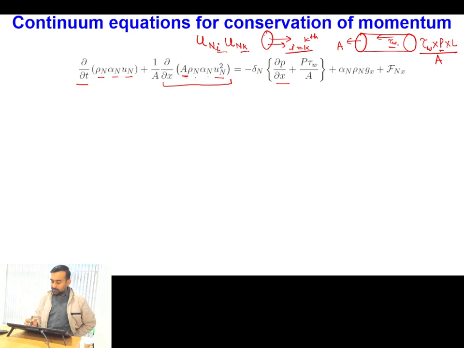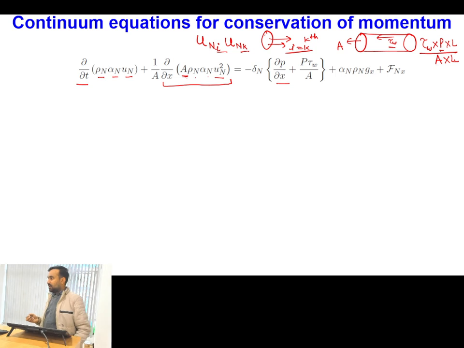Now, when we define this equation, we write it on a per unit volume basis. So divided by area, and in order to make it volume, it will be cross-sectional area into length. Is this point clear? Ultimately, whenever we write this momentum equation, this entire equation is area averaged, but on a per unit volume basis.